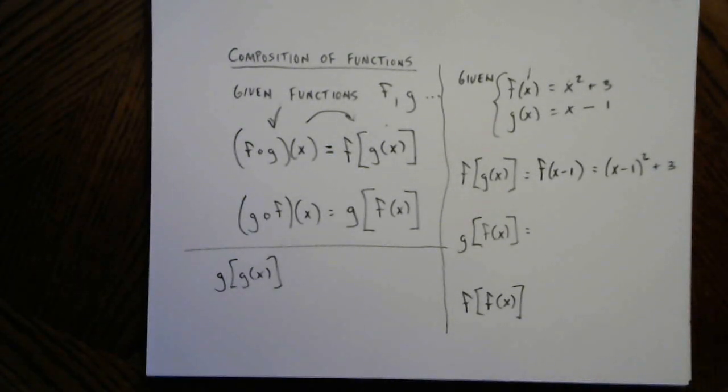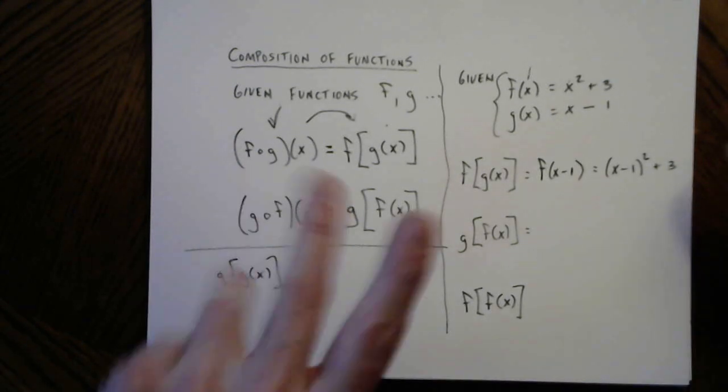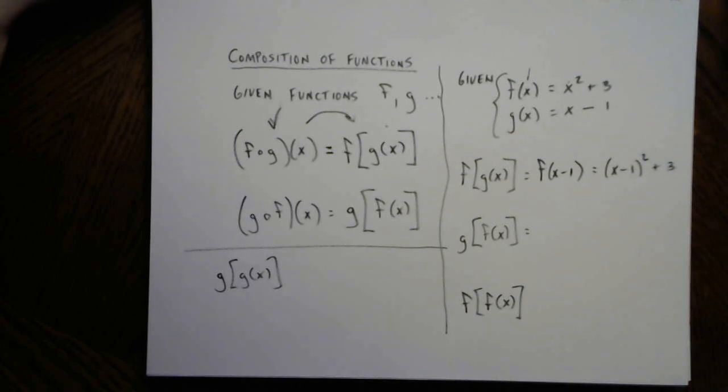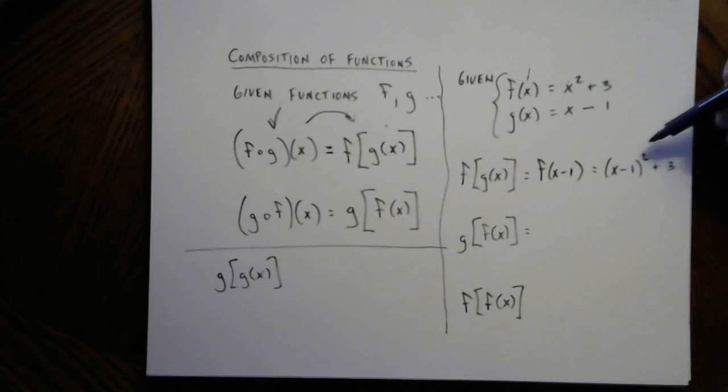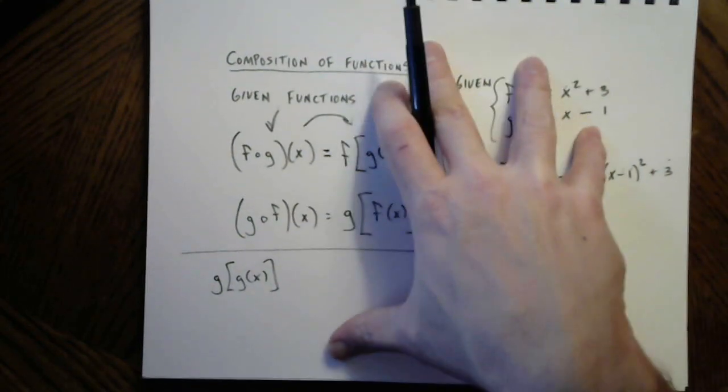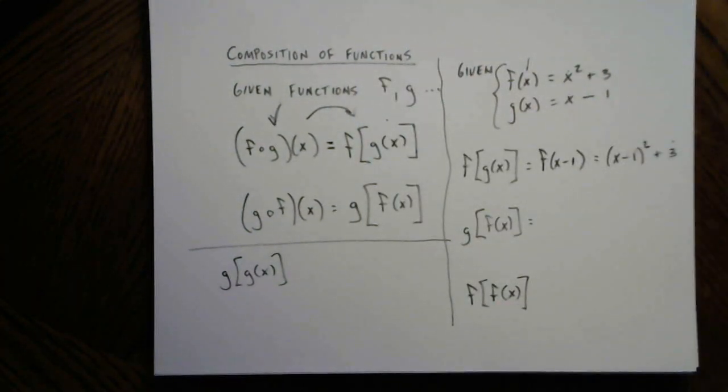Now is this simplified? Some people would say yes, some people would say no. Why would some people say yes? Well, this is a parabola, shifted right 1 unit, shifted up 3 units. And you get that from what you see. Now this composition isn't about the graphing so much, but that one happened to play out where you could graph it as it stands.